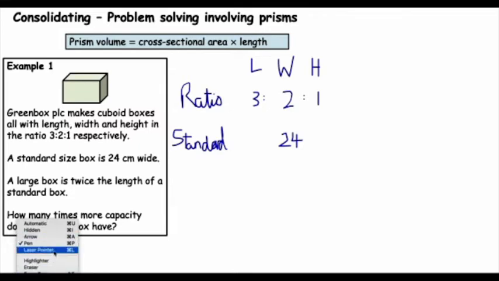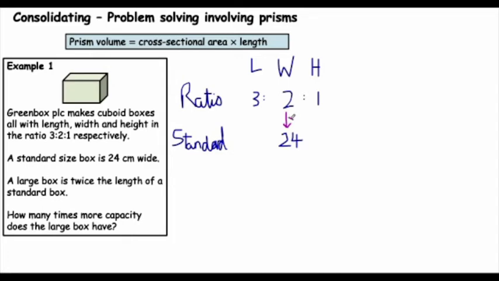What we know from that, if I choose a new colour, is that the standard box dimensions will be the same ratio.